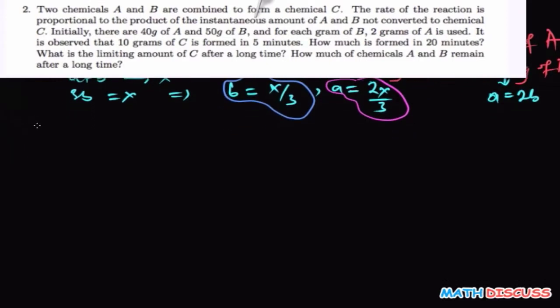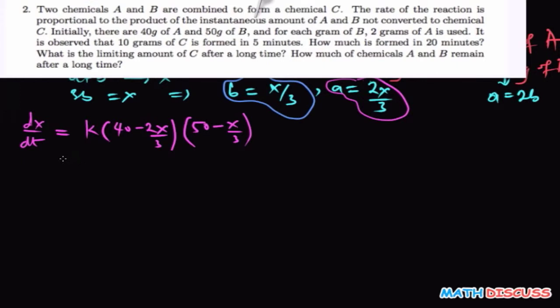So we have dx dt equals k into 40 minus 2x all over 3 into 50 minus x over 3.